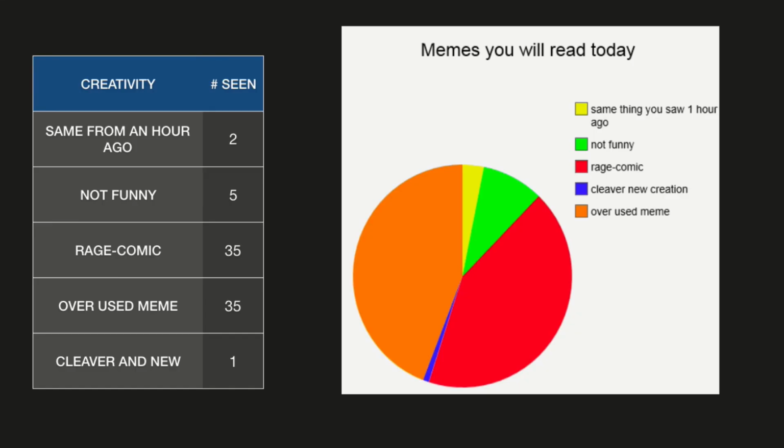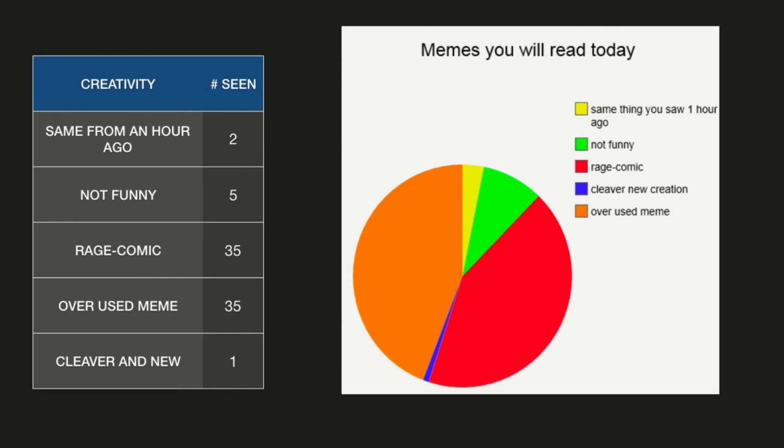If you had been browsing the internet and looking at lots of images, and you just categorized each image you saw in a variety of ways, like whether you had already seen it an hour ago or whether it was clever and new, you would end up with a bunch of count data of counts within a variety of different categories. And so really one of the better ways to represent these types of data sets is a pie chart.